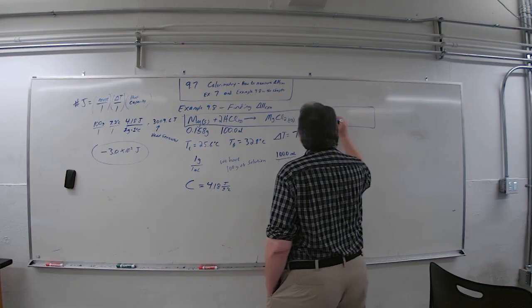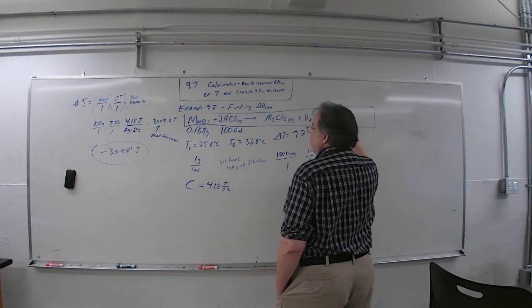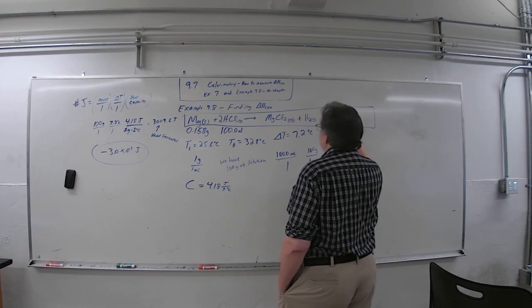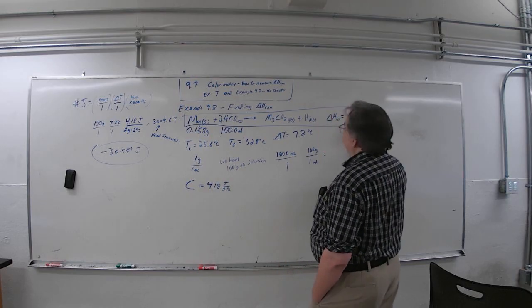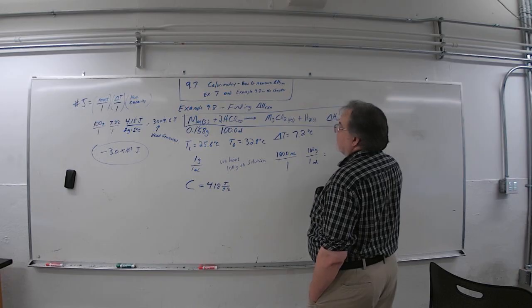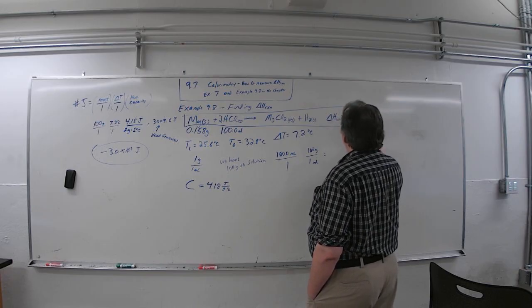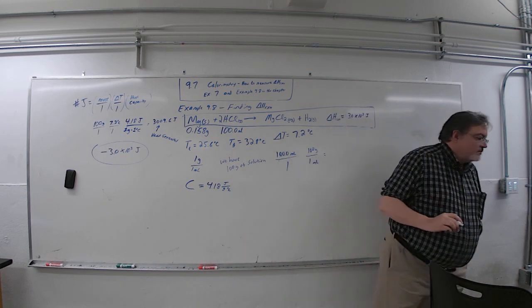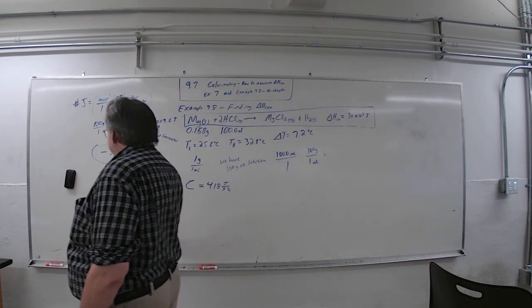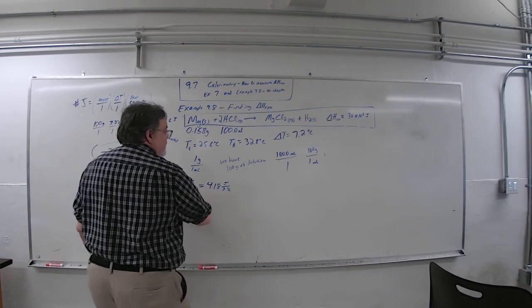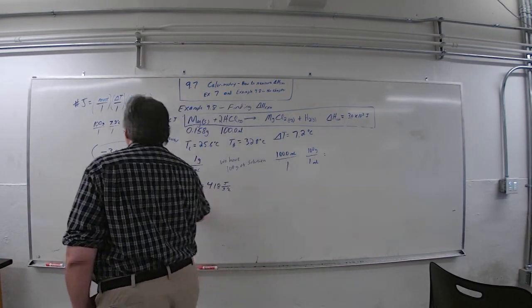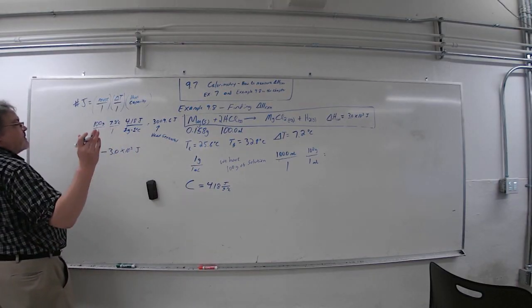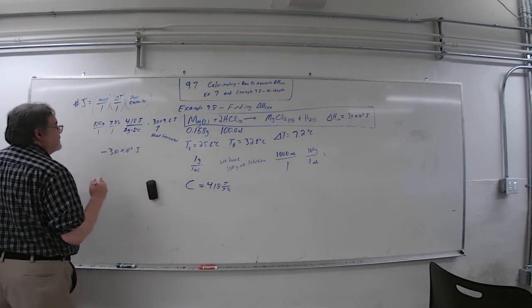So now I could say delta H of this reaction equals, that's really not quite right, because we need this per mole. So let me do the per mole part. So how many moles of magnesium went in here?